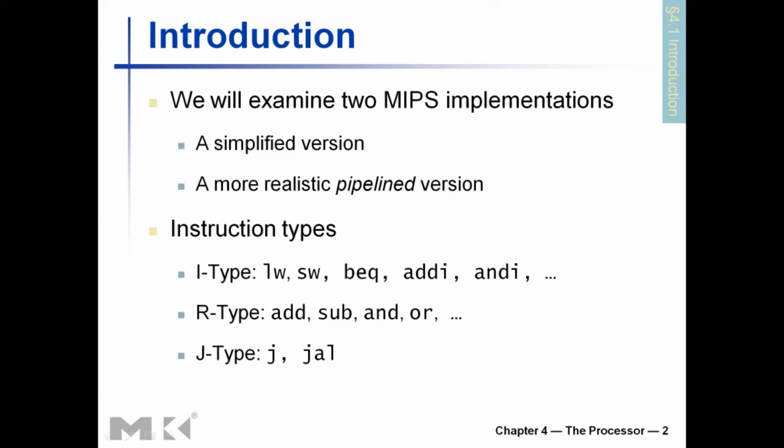In load word and store word instructions, the address offset that you are referring to in memory can be given as an immediate value. Then arithmetic and logic instructions like add immediate or AND immediate perform an add operation with one immediate operand, or an AND operation with one immediate operand. These also fall under immediate type instructions.